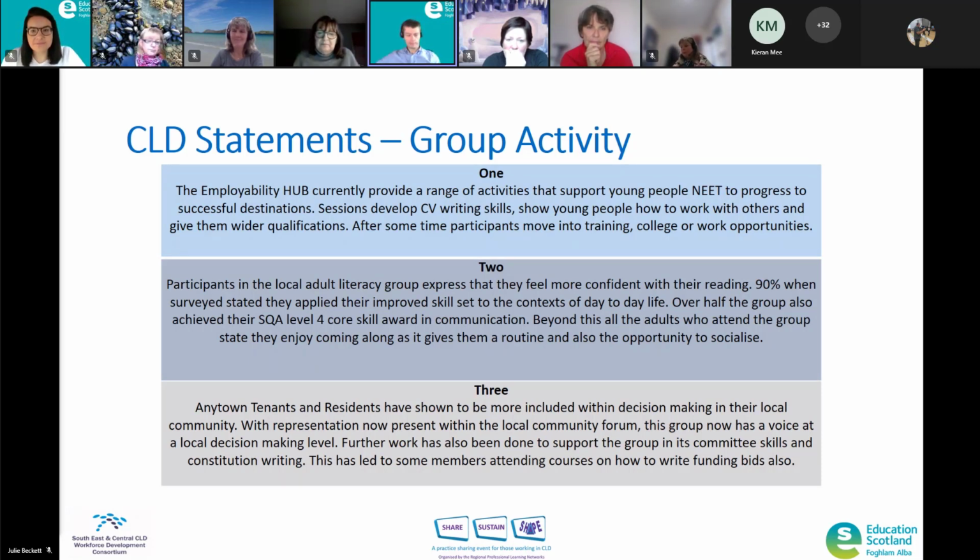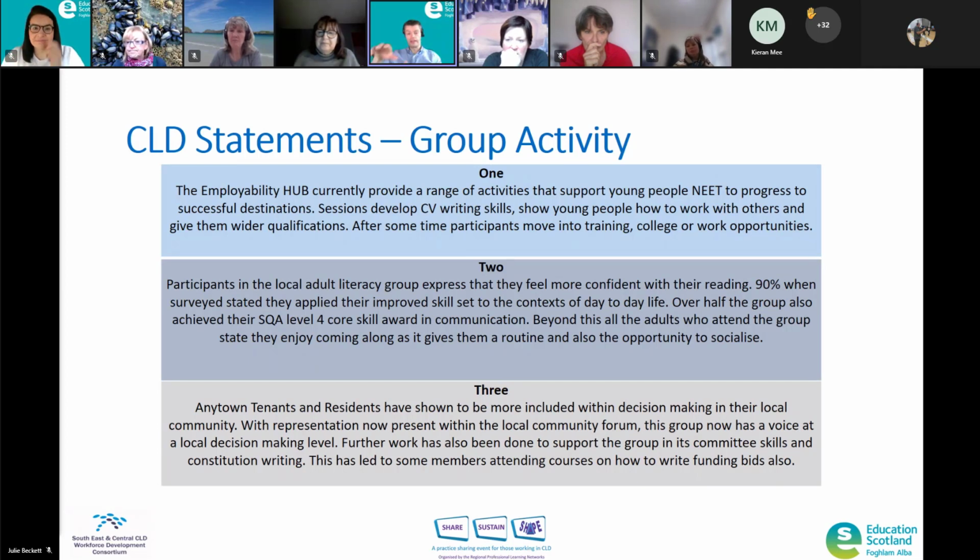Excellent. Does any other group want to particularly feedback, either verbally or just in the chat? So I'm just reading Anton here. Statement 3, effective training in committee skills and constitution writing for any town tenants and residents has led them to be more effective making decisions on the local community forum.